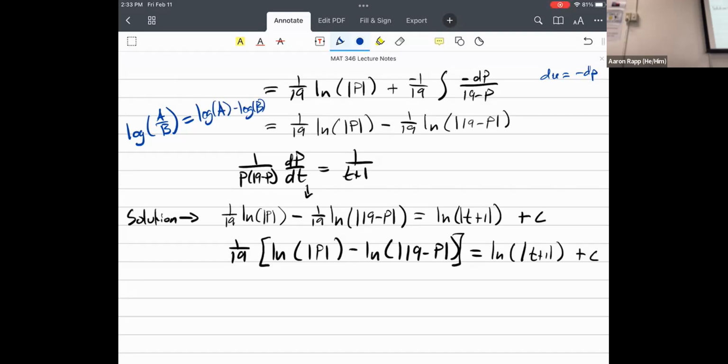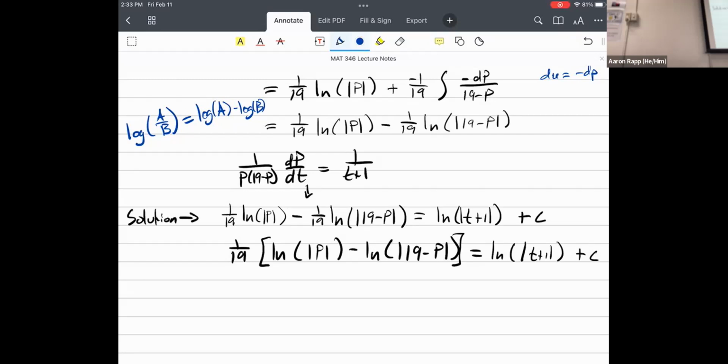Pre-calculus strikes again. Log of A divided by B is the same thing as log of A minus log of B. It doesn't really matter what your base is, as long as the B is not 0. This is how you've usually seen it written. But just because we read from left to right doesn't mean equalities only go from left to right. They also go from right to left.